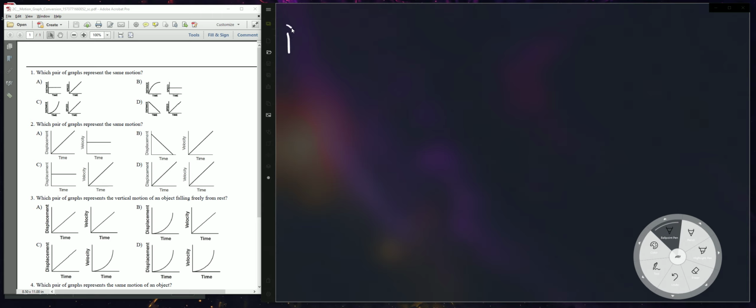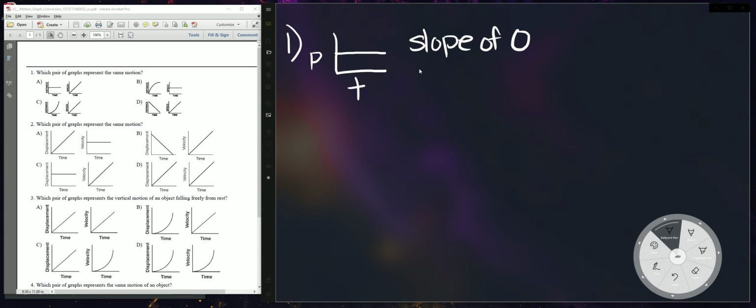So on the worksheet only, which pair of graphs represents the same motion? Now, first thing you want to do is be able to interpret the lines. On this PT graph, if you see a constant line, a slope of 0, that must mean it's not moving anywhere, right?